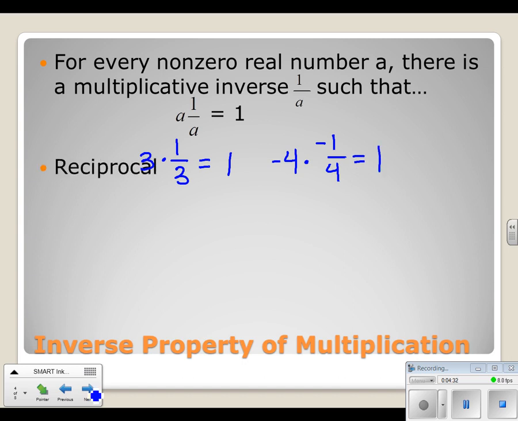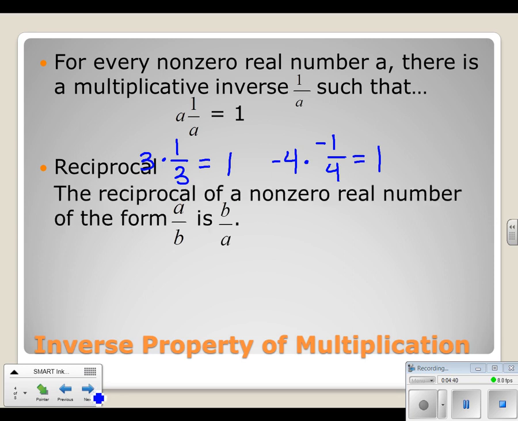And so what we're looking at here is reciprocals. If I have a over b, the reciprocal is b over a. The reciprocal of a non-zero real number of the form a over b is b over a. And whenever we multiply those reciprocals, we get 1. And that is what this property is saying. Whenever you multiply reciprocals, you get 1.